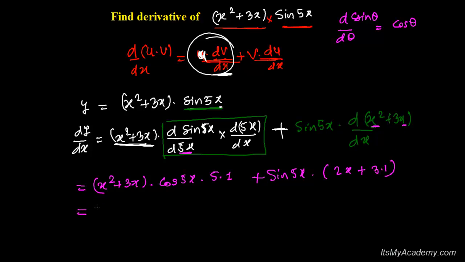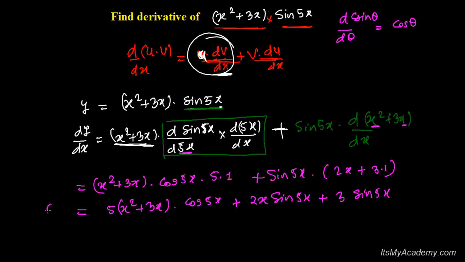So now (x squared plus 3x) cos 5x times 5, so it will be 5(x squared plus 3x) cos 5x, plus 2x sine 5x, plus 3 sine 5x, and this is our dy over dx that the question was asking.